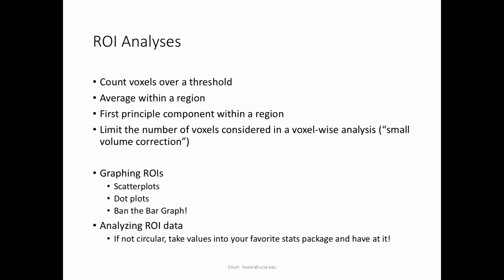You can make dot plots to show each individual data point in a given region in one group compared to the other. I'm going to show you some bar graphs, but I actually think that bar graphs, why not use a dot plot where you have an individual dot for each person so that you can really see the variability and see whether your mean is being drawn by some outliers, see the overlap in the distributions.